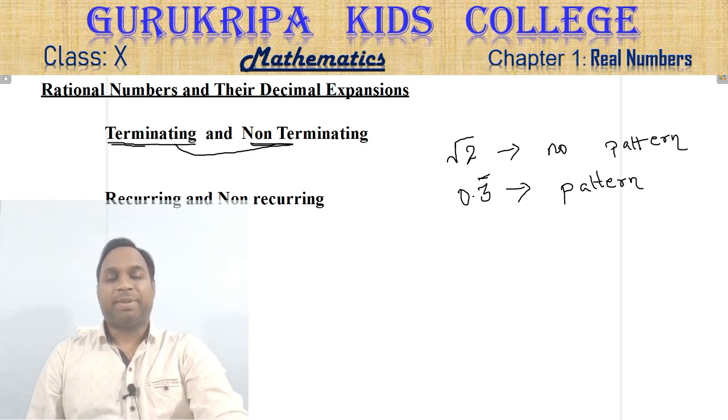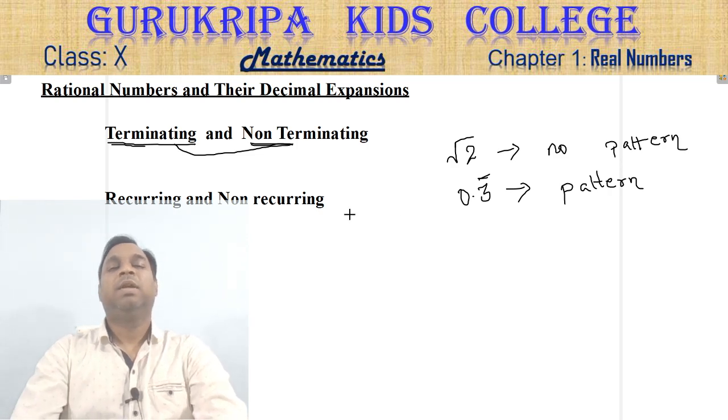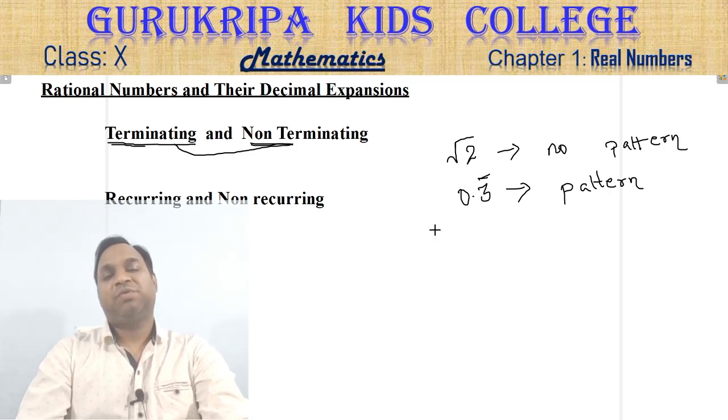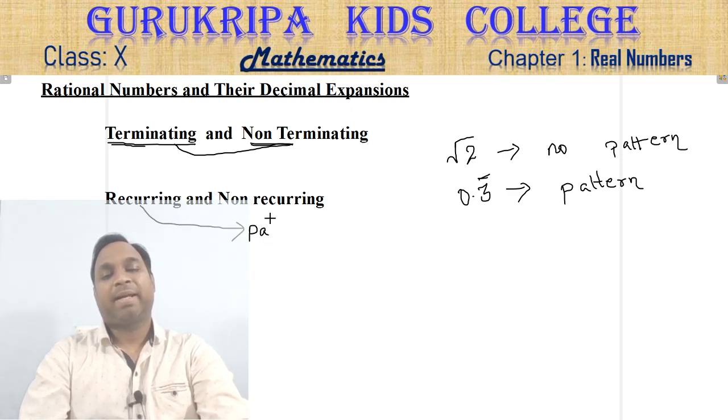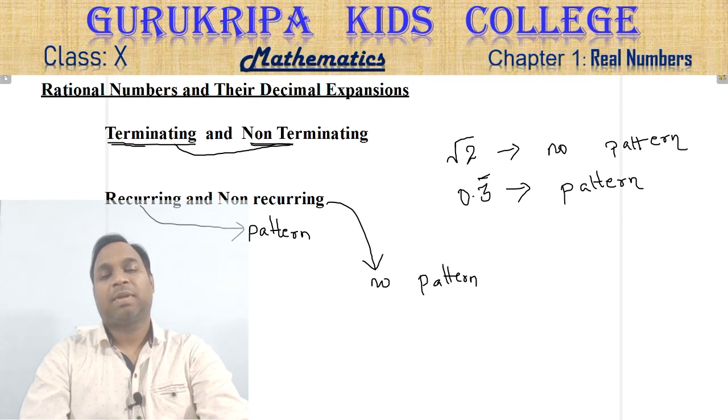Such numbers which have a pattern are called recurring. Recurring numbers have a pattern. Non-recurring numbers have no pattern at all, like square root 2.